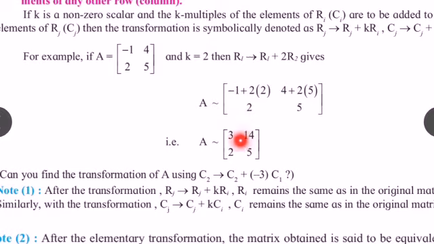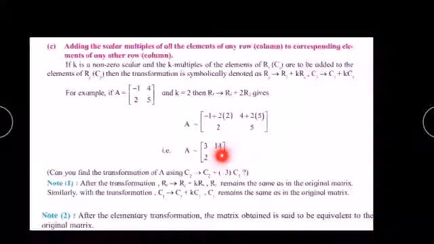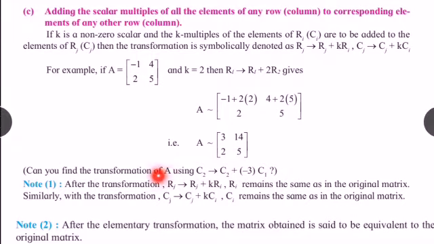Minus 1 plus 4 is 3, and 4 plus 10 is 14. The first row is 3, 14, and the second row as it is, 2, 5. That is, A is equivalent to [3 14; 2 5]. This is a 2 by 2 matrix.